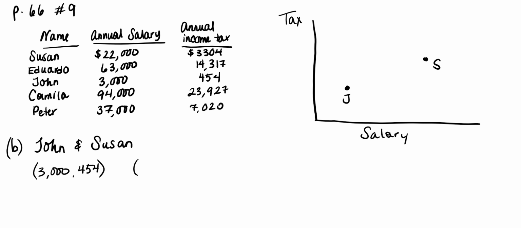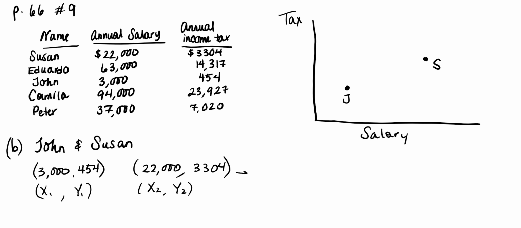And again, I'm just going to pick one of these points to be x1, y1, and one set to be x2, y2. And now I'll just plug into my formula for slope. Change in y over change in x. Again, if you want to remember how to do this, just keep writing it over and over again.